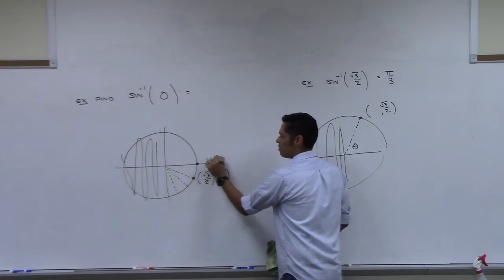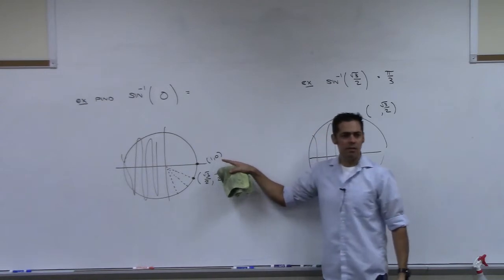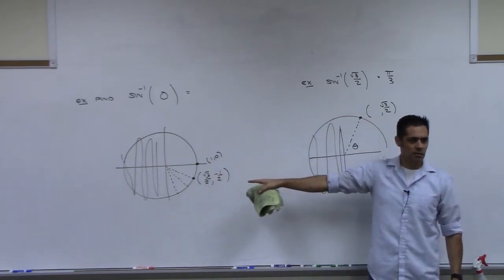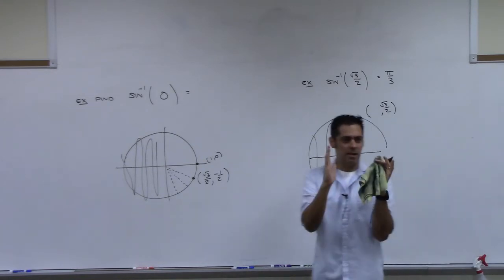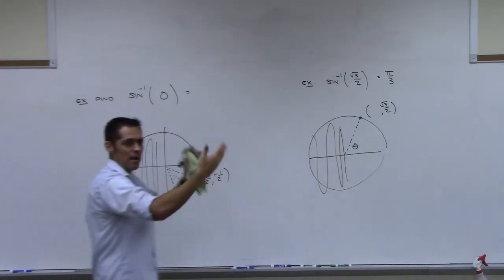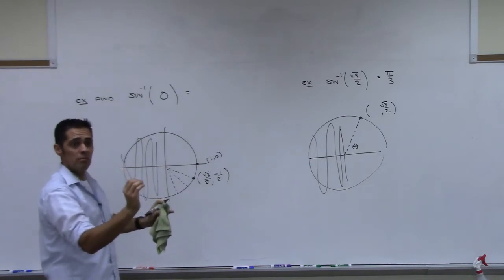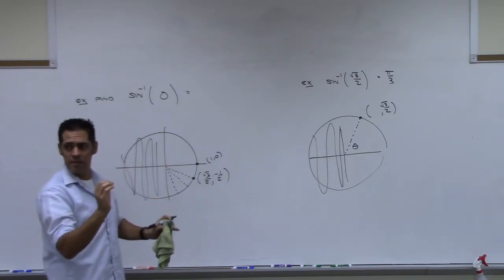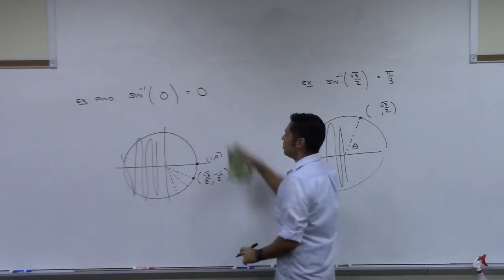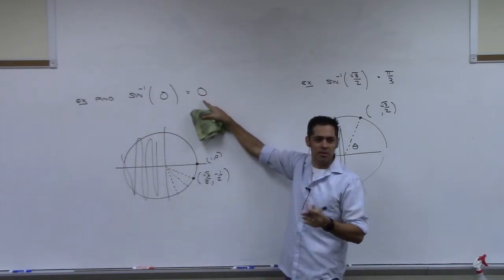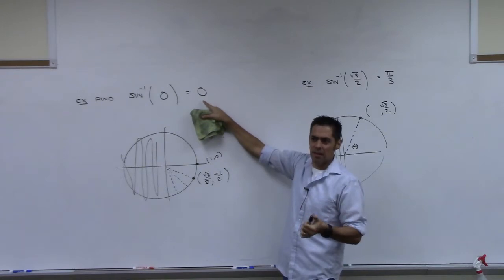That's 1, 0, so the y coordinate is 0. So what is that angle? 2 pi, but you can only be between pi over 2 and negative pi over 2. So 0. Make sense? Now 0 degrees and 0 radians, you don't have to put degrees or radians because they're the same thing.